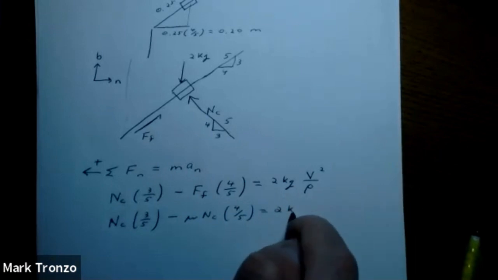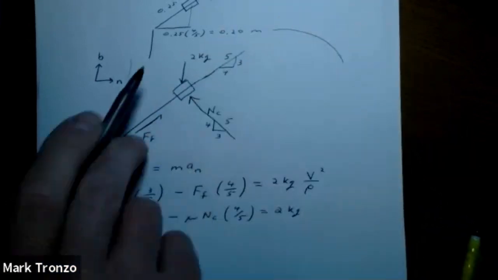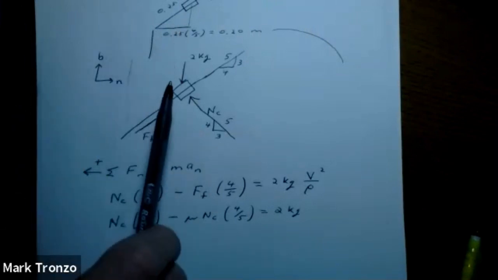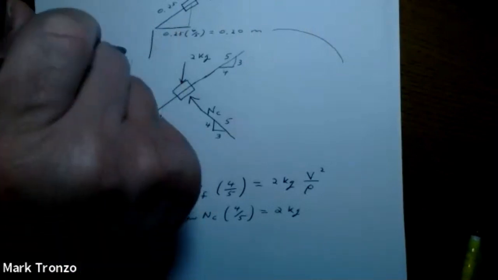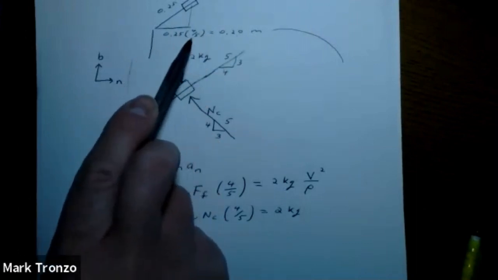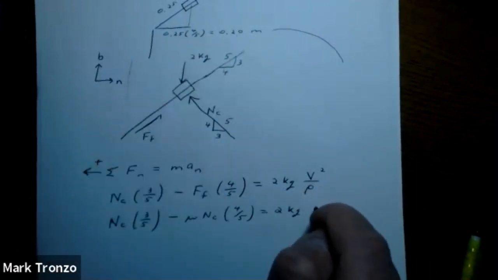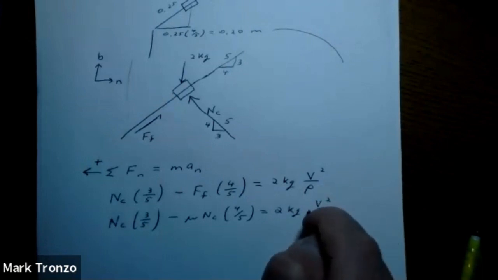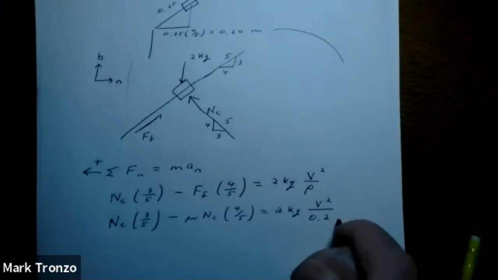Again, this is just 2 kilograms. And from up here, we decided we're spinning around a center here, so our radius is going to be this value up here. So velocity squared times our radius, 0.2.